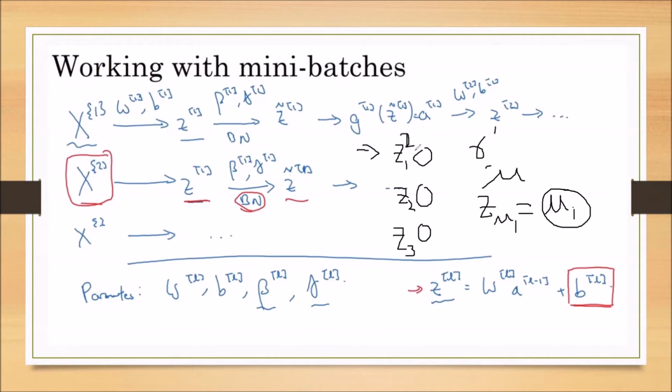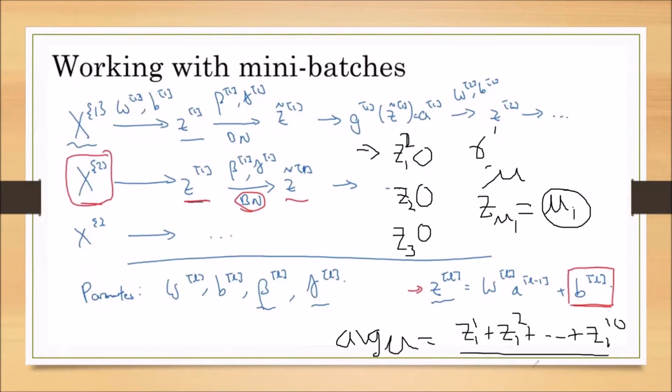Similarly, when I am giving 10 training samples, the values I will get from Z subscript 1 1 to Z subscript 1 10. Now when I am asking what is the average of these training samples Z's, here I am calculating the average, which is nothing but mu. Average mu is equal to, first I am taking the Z1 superscript 1 plus Z1 superscript 2 and so on, Z1 superscript 10.